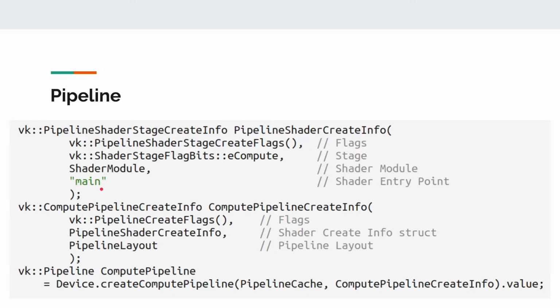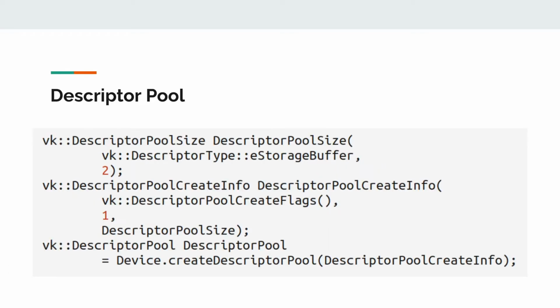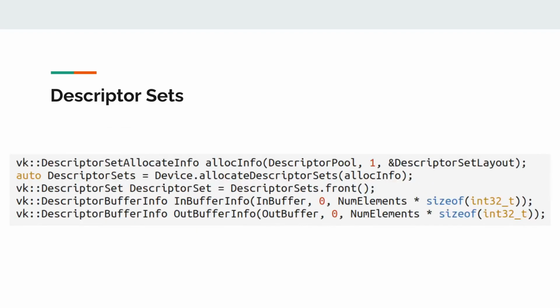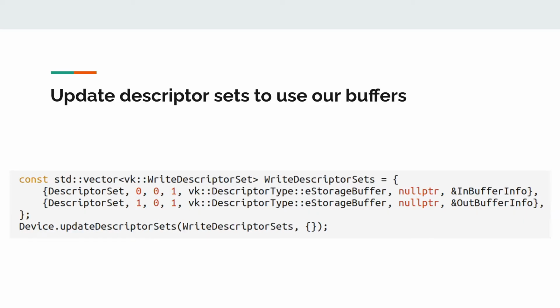And you can even change your entry point during the runtime without recompiling the shaders. After creating the pipeline, we are ready to create our descriptor sets. But before that, we will need to create a descriptor pool and then create our descriptor sets using that descriptor pool. After creating the descriptor sets, we will need to update them to use the buffers we have created earlier.